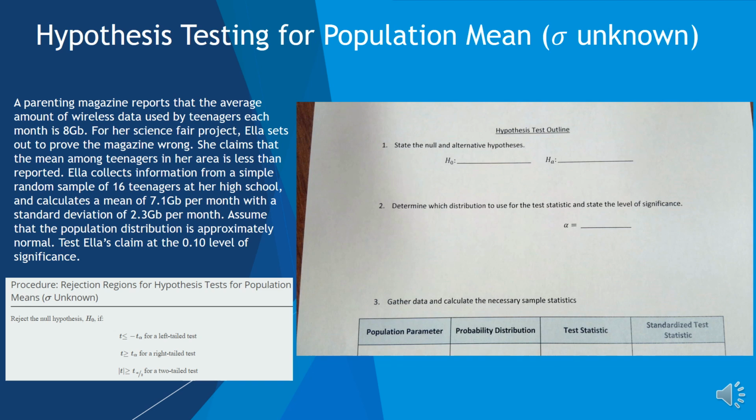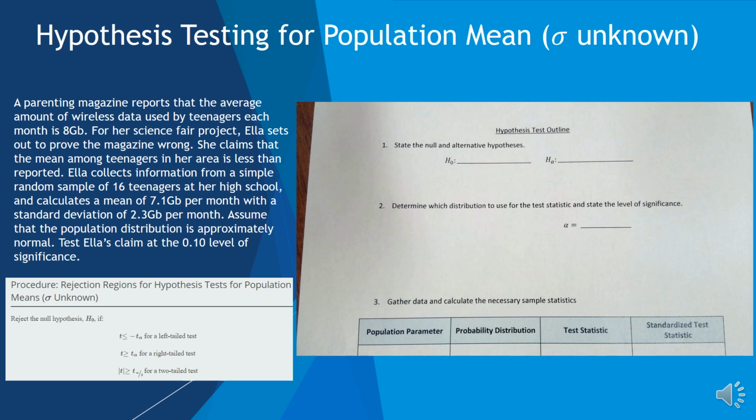This example says a parenting magazine reports that the average amount of wireless data used by teenagers each month is 8 gigabytes. Notice they said the average amount, so we can write down that we're using the mean, the population mean mu, the Greek letter mu.